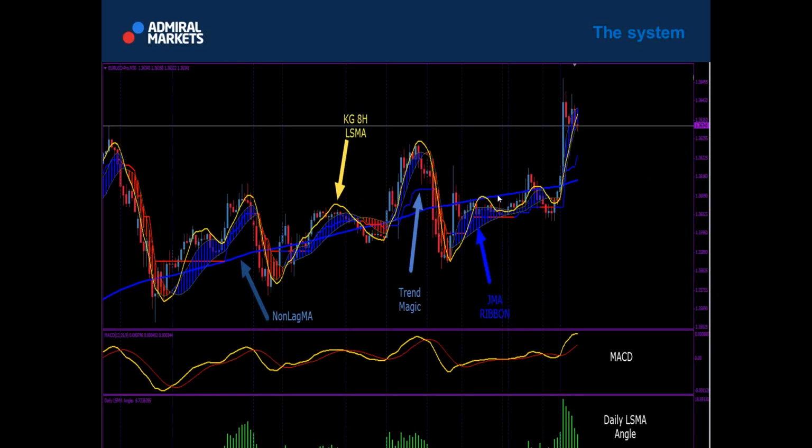Repaint means that, for example, this is just an example, you can see the color is blue, and while you were watching the chart, this blue color switched to red, so you don't know whether the trend is short or long because it switches colors from red to blue. It's okay if it switches the color within the living candle, but once the candle closes, it should stay blue.